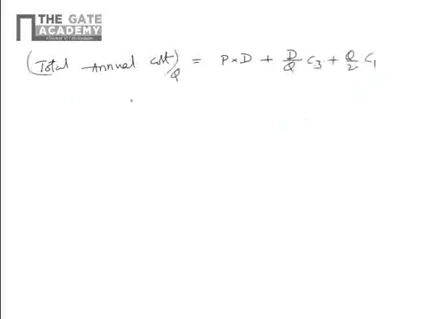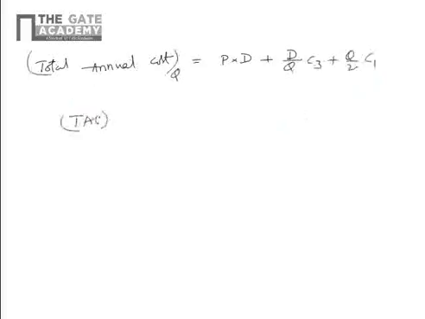Total annual cost for any quantity Q is equal to P into D, where annual demand is D, plus D by Q into C3 plus Q by 2 into C1. So that is the total annual cost at any quantity.